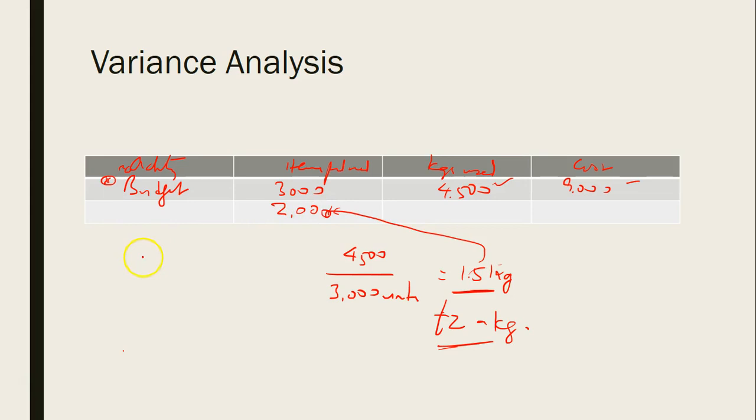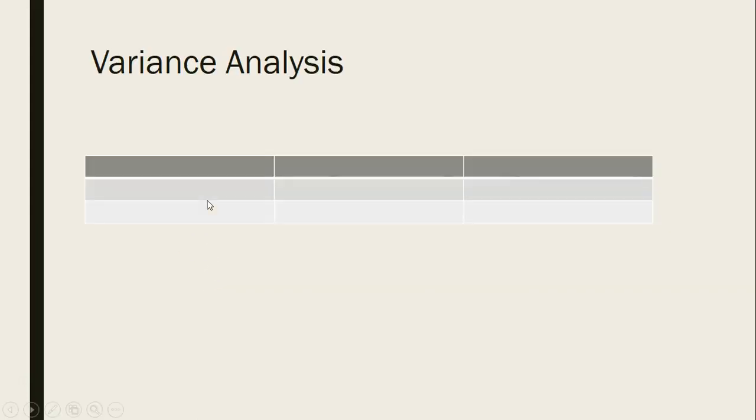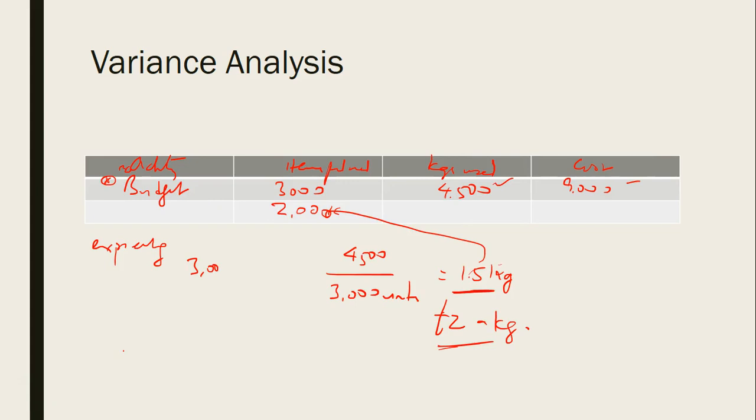So you should have used 3,000 kilograms to make 2,000 items. And if you've used 3,000 kilograms and you're paying £2 a kilogram, we're expecting you to spend £6,000. This is what you should have used to make 2,000 items.